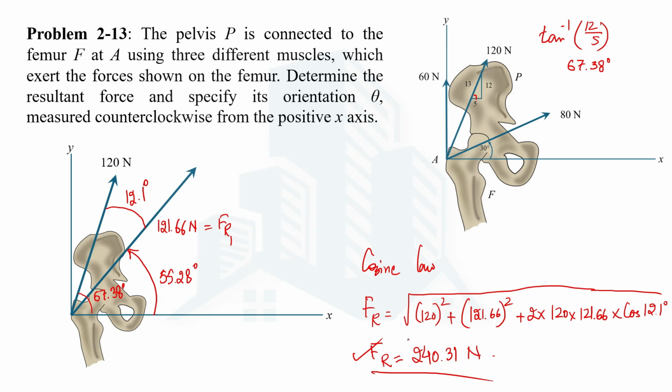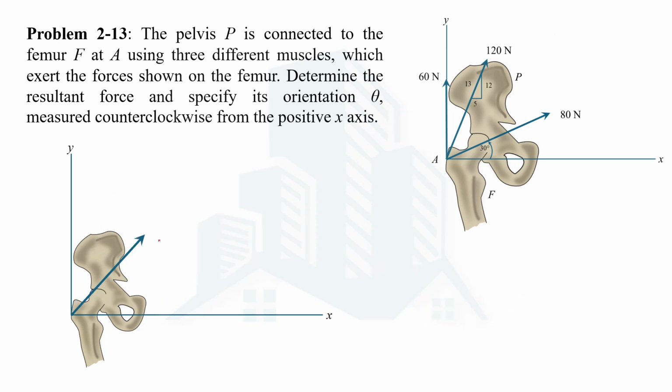The next thing is we want to know its orientation as well. For that, again, we are going to use the sine law. Now this force is actually FR1 that has a magnitude of 121.66 Newton. It has an angle of 55.28 degrees. We have the 120 Newton force placed on the head of the first force, which in this case I choose to be FR1, and this makes an angle of 66.38 degrees.